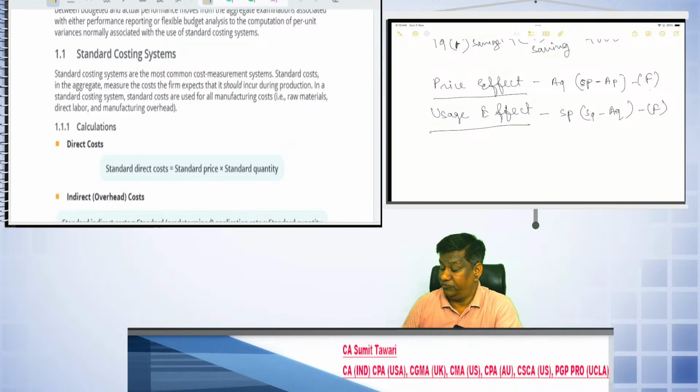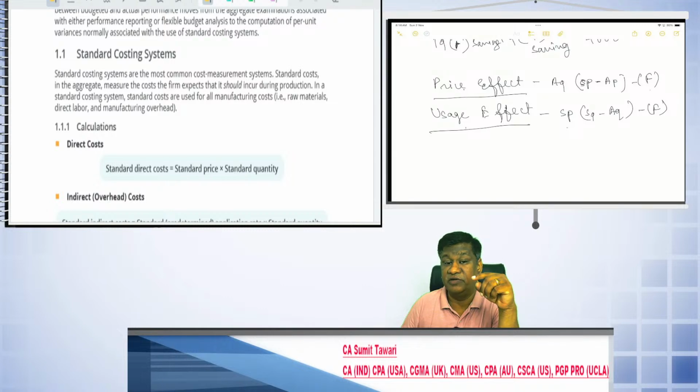So for direct material usage or material impact, there are two things we need to calculate: the price effect and the usage effect. For the price, the common factor is the actual quantity. So at both places, you need to see actual and standard.